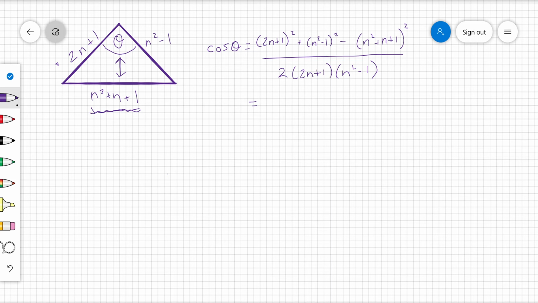So if I just go over here for a second, using those last two terms, which look like a difference of two squares there, I can use the first and last or the second and last.